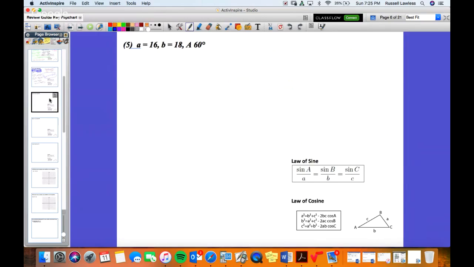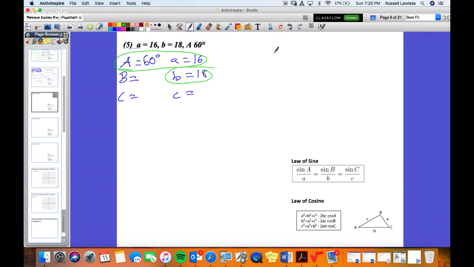All right, moving on. Now we're at number 5. Looking at number 5, we're starting out how we always do, with writing out our angles and our side lengths. Again, capital letters are angles, side lengths are lowercase, and so we have side length 16 for A, side length 18 for B, and the angle is 60 degrees. So what are we given here? A complete set and a side length.